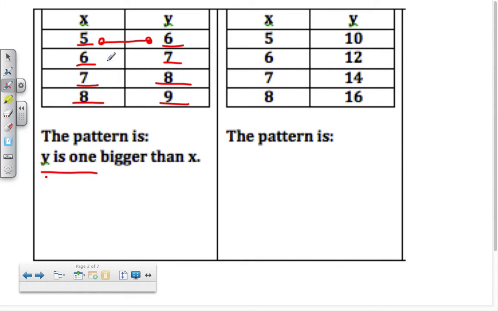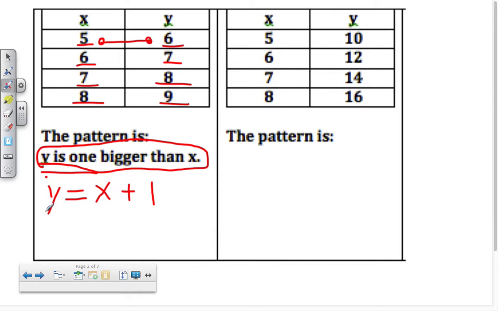How is it changing? Maybe it's clear to you that the pattern is y is 1 bigger than x, or in other words, y equals x plus 1.